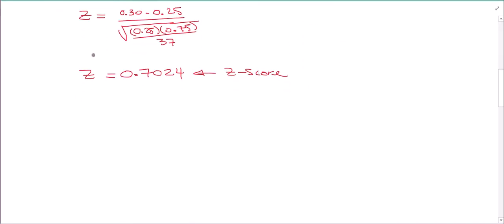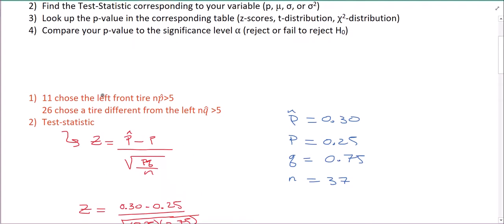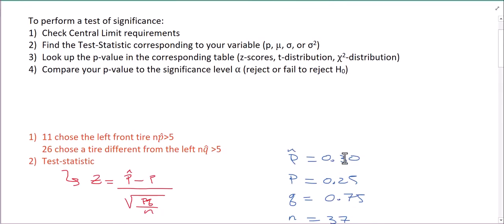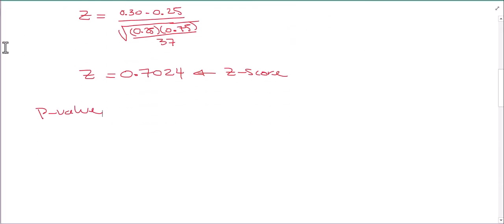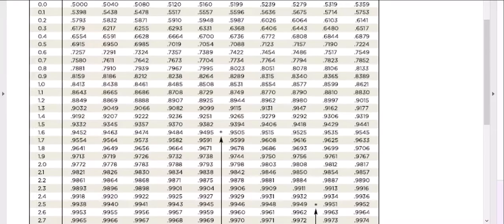Our p-value is the probability of obtaining our sample statistic, 0.30, the likelihood of obtaining this value. So let's go to the z-score table. In this case, you will go to the z-score and we're looking for 0.70.